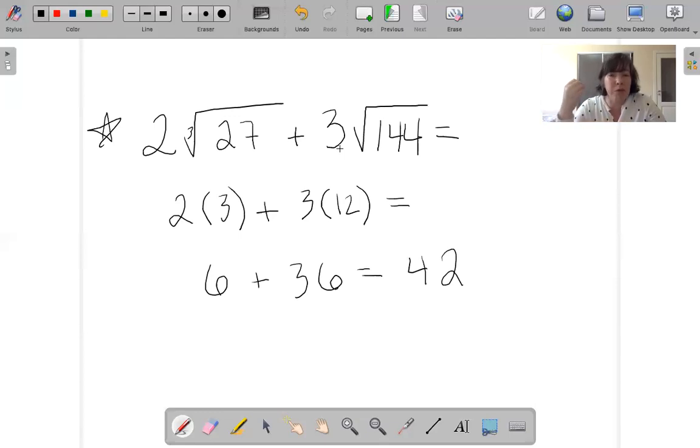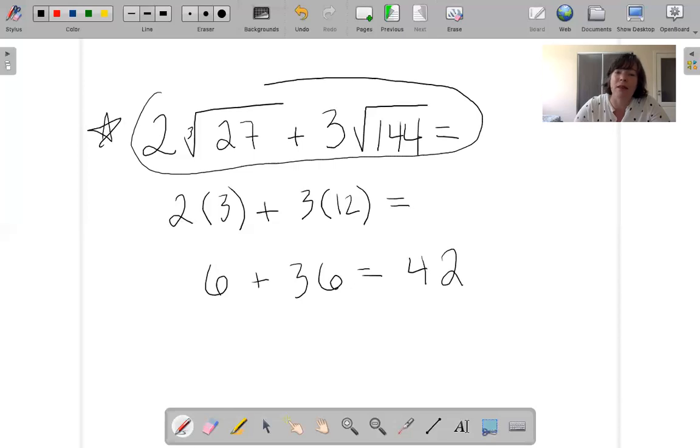Math class helps you think about how I can make my problem easier and easier. How can I make my problem go away? That's how we do this. You need to be able to take something that looks challenging like this and turn it into a baby problem like this. And it's simple to do.